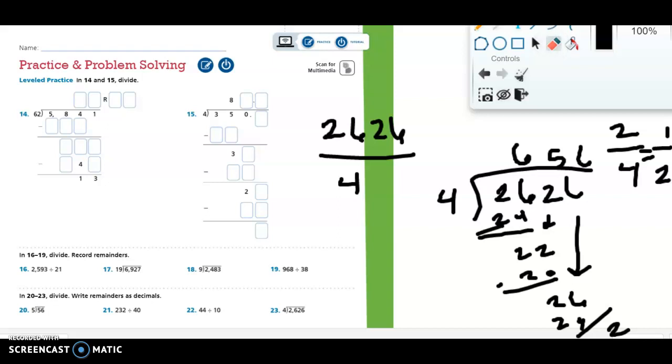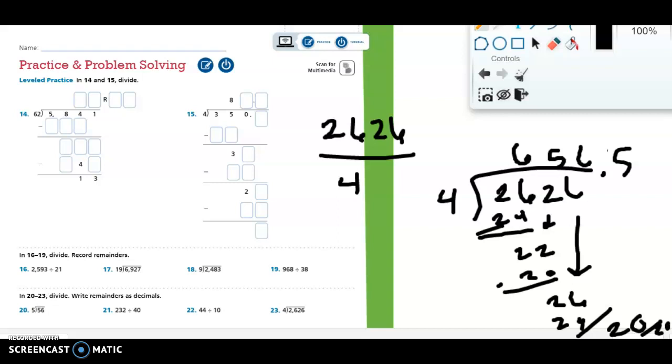But I'm going to go ahead and erase that, and now I'm going to put a decimal up here beside the 656, which now allows me to add a 0 to my 2 down at the bottom, so now it's a 20, and I look at how many groups of 4 are in 20. That's 5, and 5 times 4 is 20, so I end up with a terminating decimal.